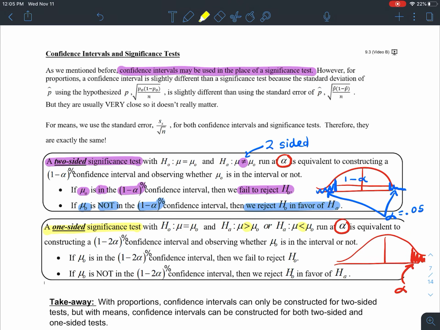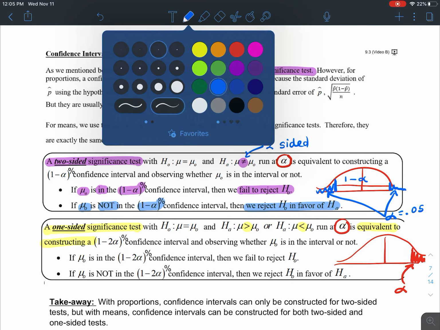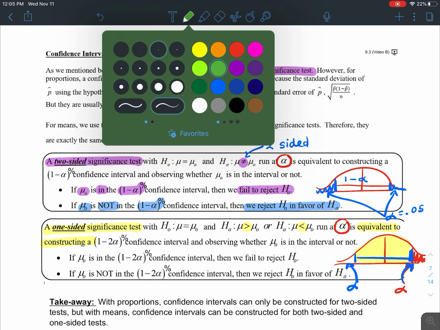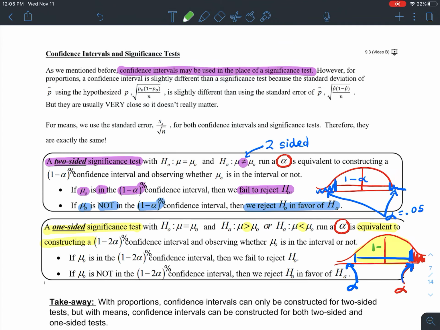But if I want to actually construct this so that it is a confidence interval, my confidence interval needs to be something spanning right here in the middle, okay? So if I'm going to block off alpha over there, I'm also going to need to block off alpha on this side so that this middle portion right in here, this confidence interval, would be found by essentially taking 1 minus 2 alpha.